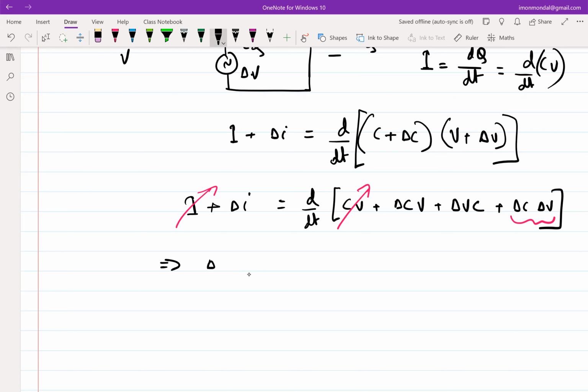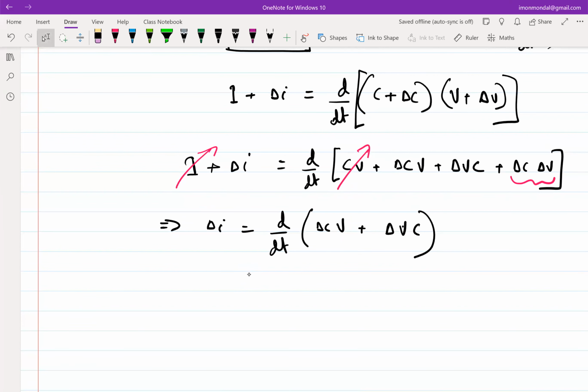So your del I becomes d/dt of the remaining terms. This is a generic format.